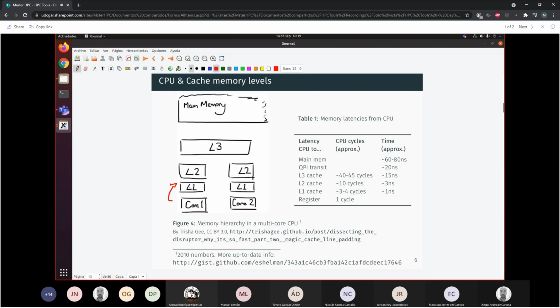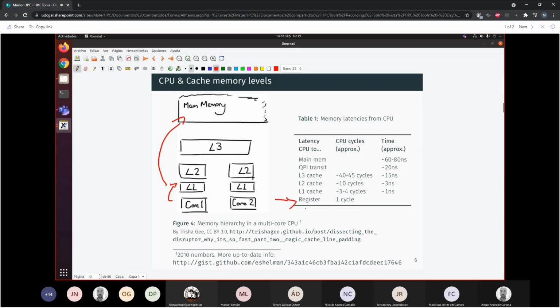However, as you descend in the memory hierarchy, you are going to pay more time, you have to wait more, in order to bring this data from memory. And obviously, when you have to go to the hard drive, you have to pay much more time. So this is an idea of more or less how much time you pay depending on to which level of the memory hierarchy you access.